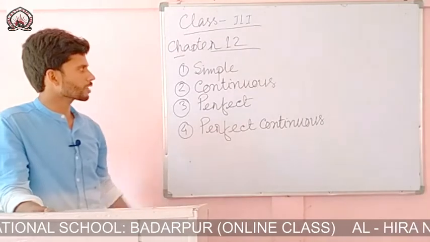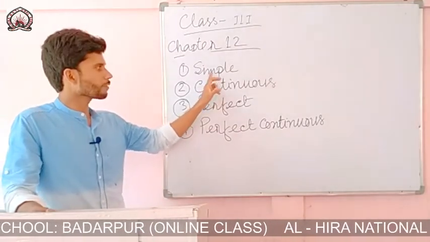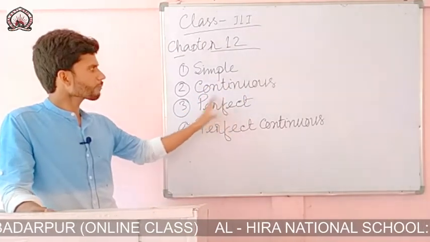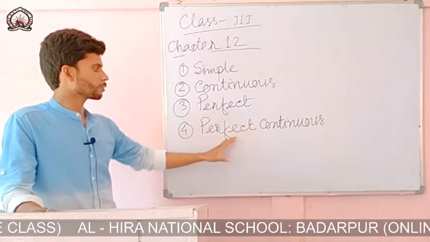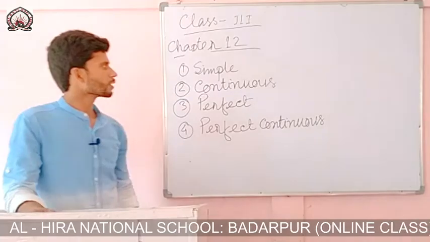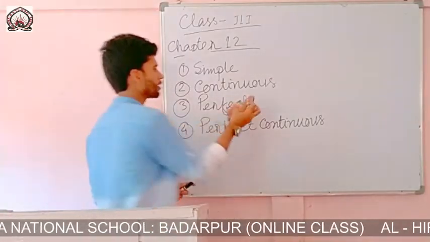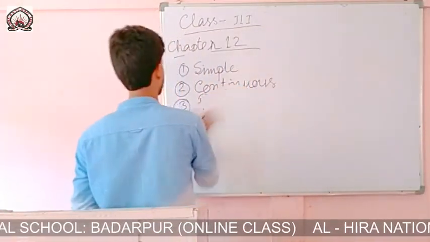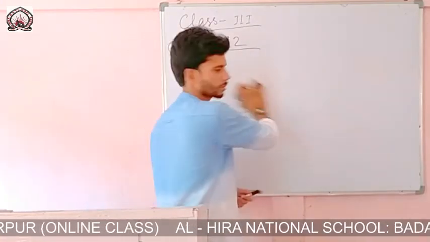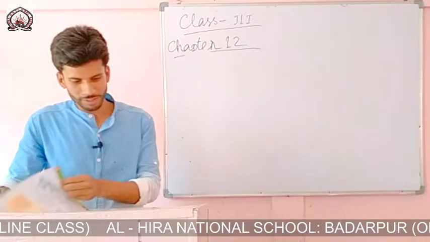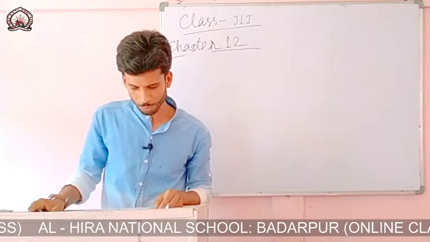Similarly, in future tense also, future simple, future continuous, future perfect, future perfect continuous. So these are the 4 kinds or types of the 3 tenses. And examples also I wrote.